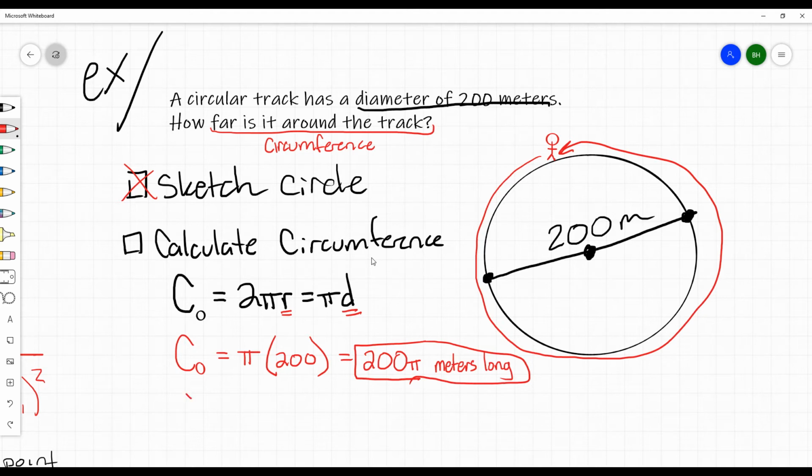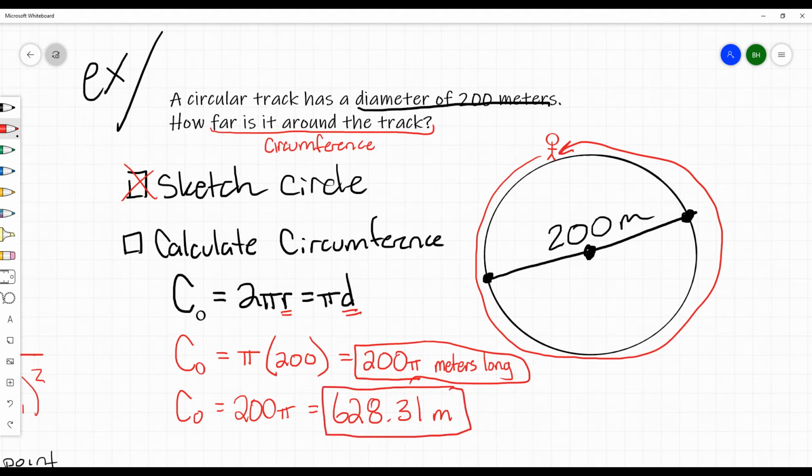Or if you want to go ahead and multiply it out, we can see that the circumference of the circle equals 200 pi, which is going to be the same as, using your calculator here, 628.31 meters.